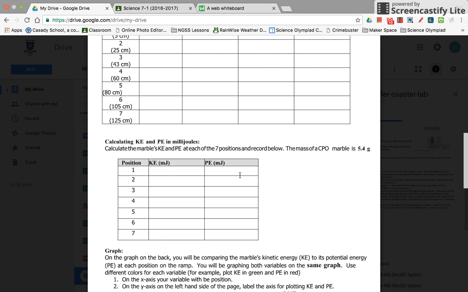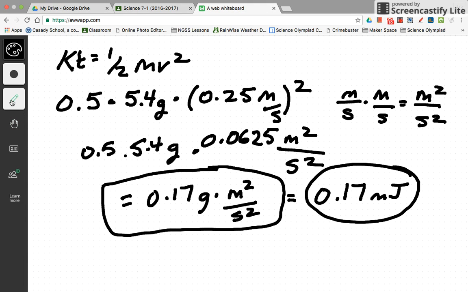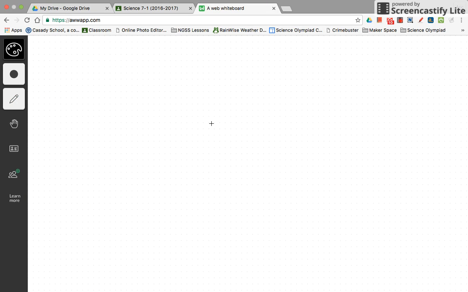Now I need to calculate my potential energy. So now we need the equation for that. Potential energy equals mgh, or mass times the force of gravity times the height.